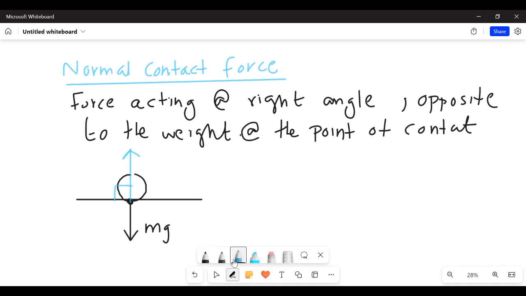The weight was downwards, this is going to be upwards, and it makes a right angle with the surface. So it's a force acting at a right angle opposite to the weight at the point of contact. So that's the normal contact force. I'm calling it NCR.